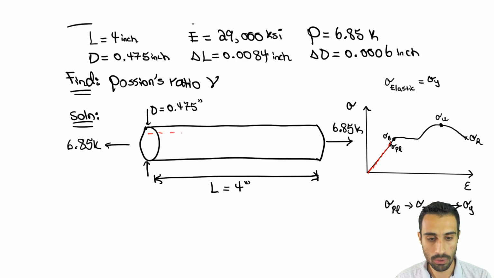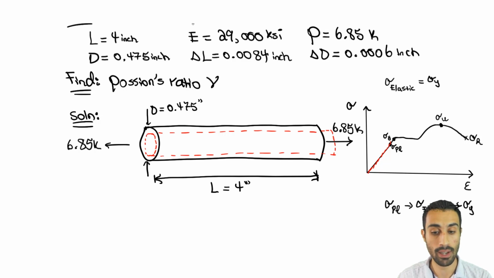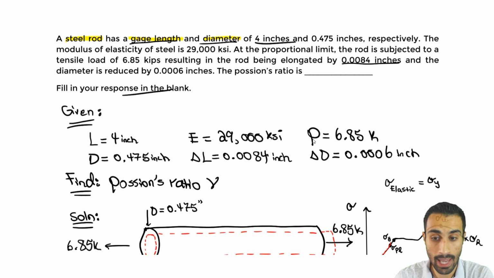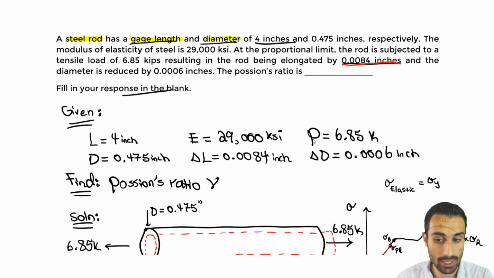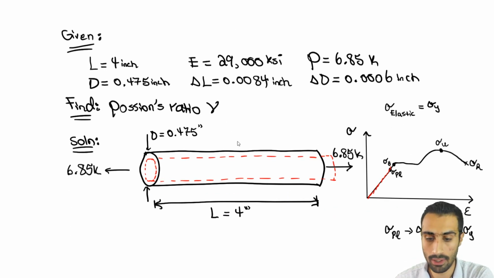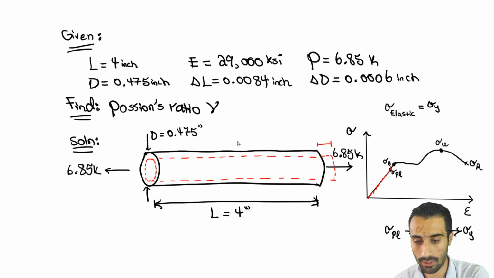When we load this, it's going to look something like this, where the final location is the red dashed line that I'm denoting. And this is the final diameter. We have a change in length that elongated this part. So that change in length is this. We will denote that here as delta L.